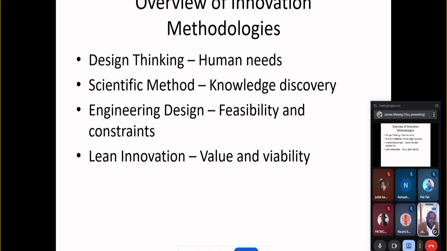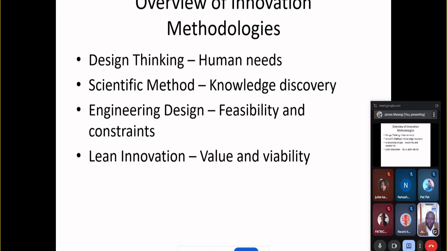It's knowledge-based, and then you discover a solution which can become an innovation. Then we have engineering design, and this is for engineers, problem solvers, and you look at feasibility and constraints. What are the constraints? Constraint-based engineering design. We look at them deeper.